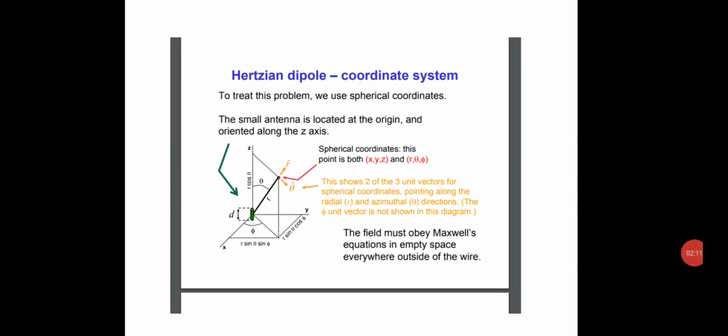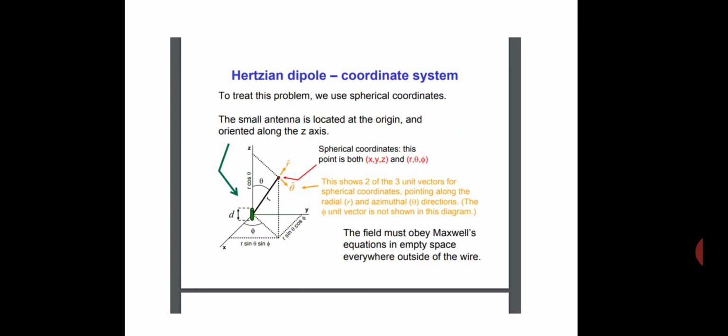Hertz dipole coordinate system. In the figure, we see the coordinate system of the Hertz dipole. For this problem, we use the spherical coordinate system. The small antenna is located at the origin and oriented along the z-axis.